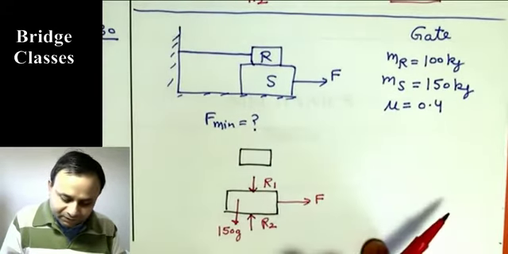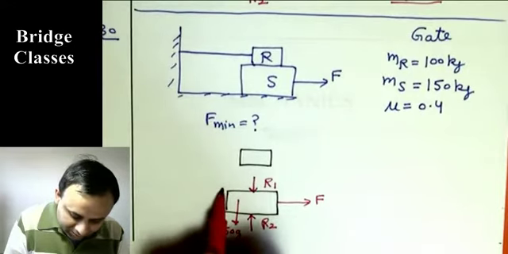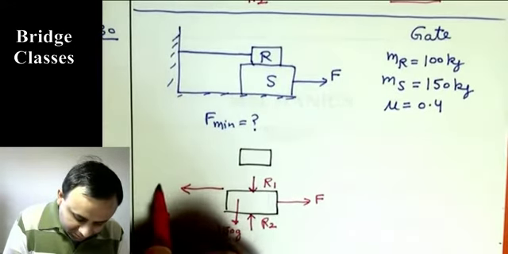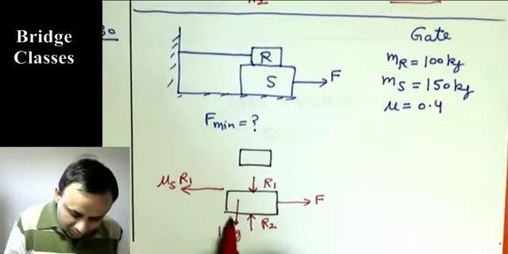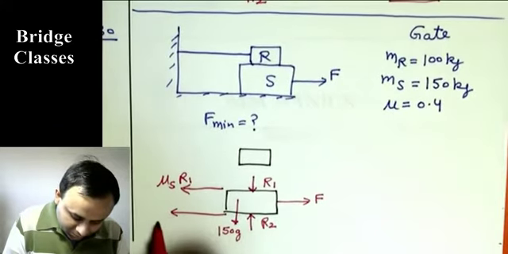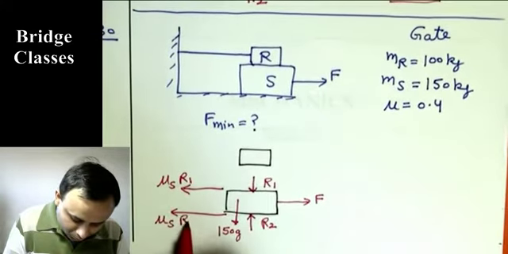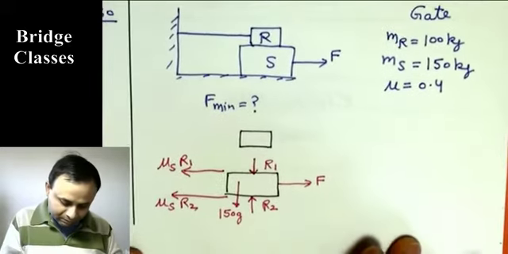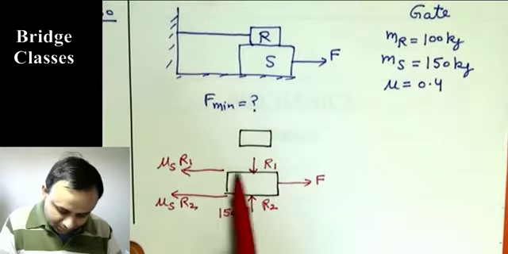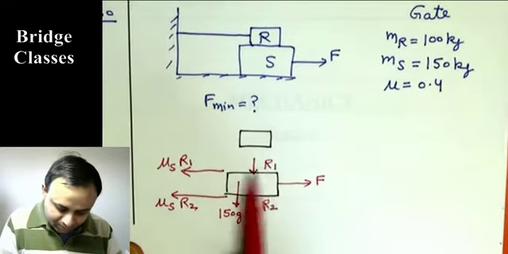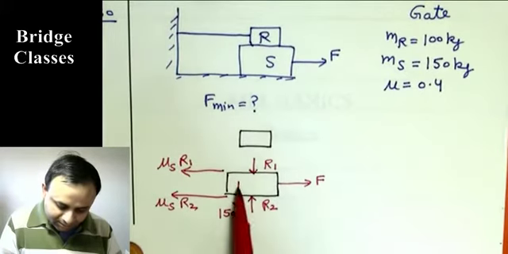So the friction will act in the opposite direction. At this surface friction will be mu s R1, and at this surface it is mu s R2. And let us see if we missed anything. We got normal reaction and friction here, normal and friction here, external force and weight.